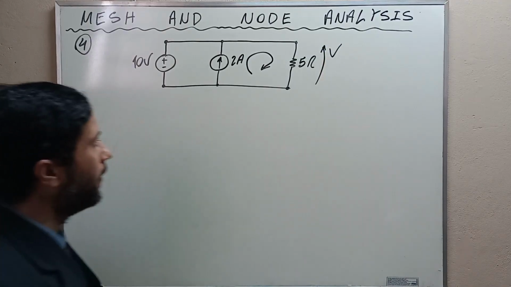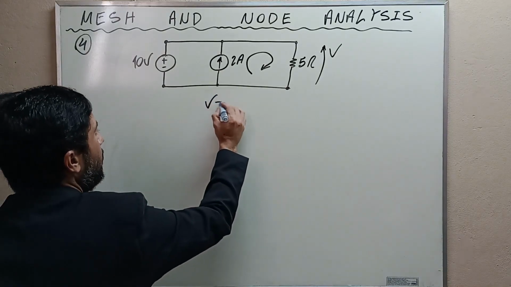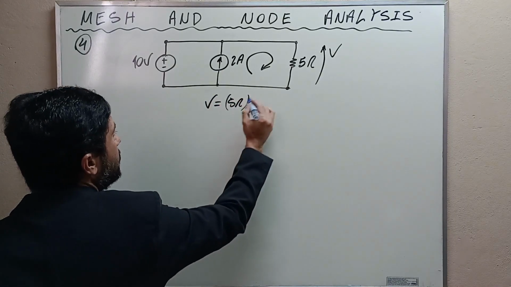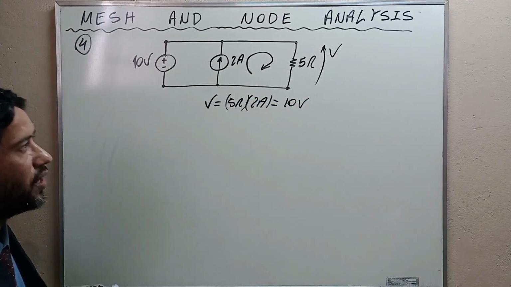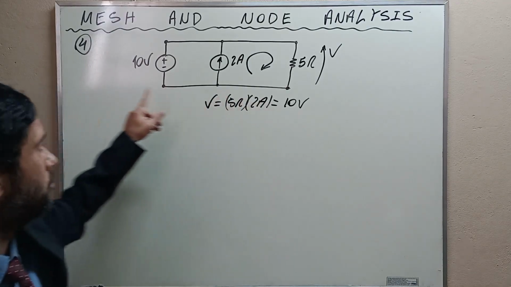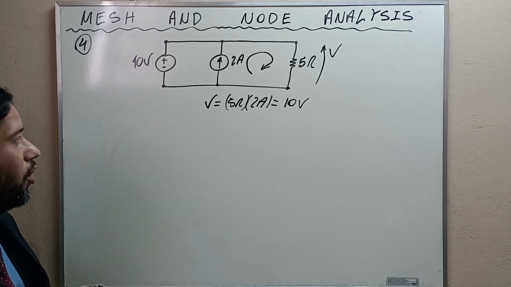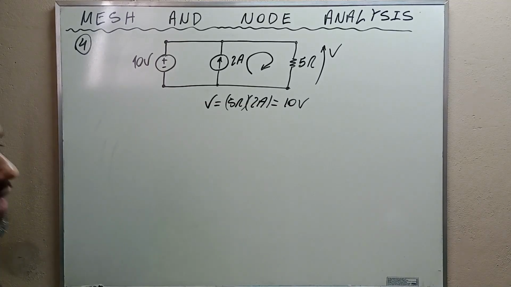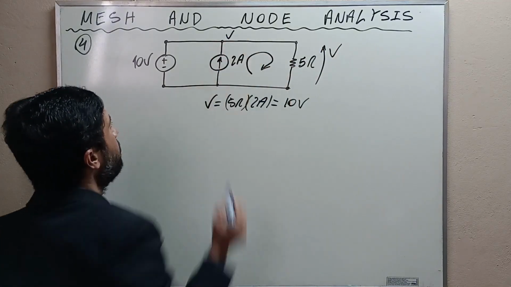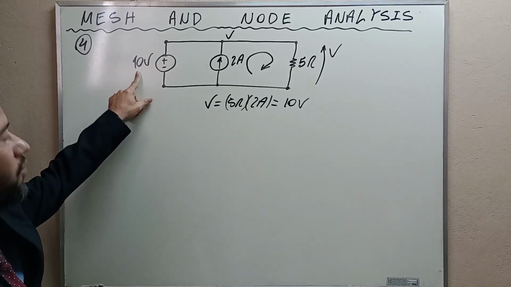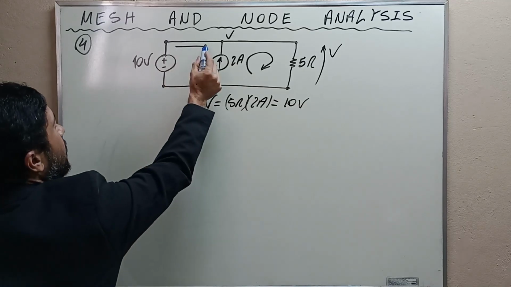a voltage drop here, and the value of the voltage drop is V equal to 5 ohms times 2 amps, and this is equal to 10 volts, and this 10 volts precisely matches the voltage of the voltage source. Okay? Then this V here will appear here, and the V is precisely equal to this, which means that there is no current here.